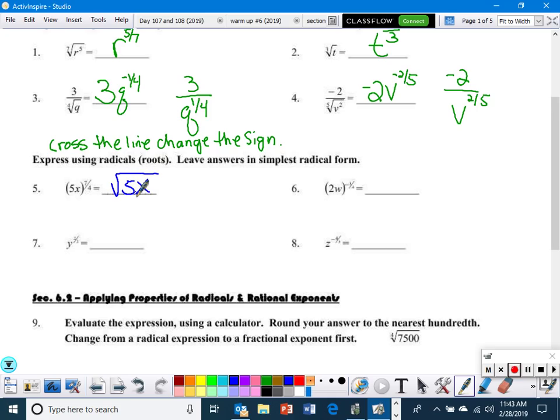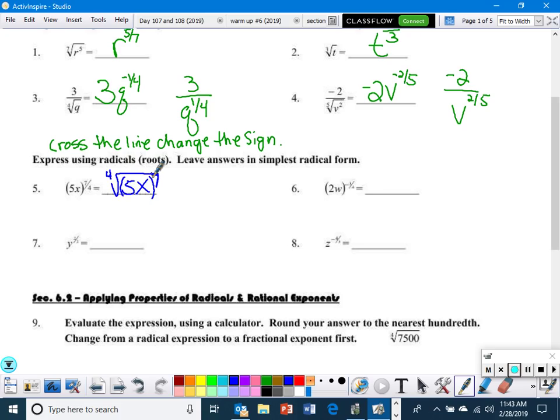The root number is the 4, so I'm going to put the 4 right here. And this is really important. Since the 5x is in parentheses, then I should put parentheses around it inside the radical. And then the 7 is the exponent, and I'm going to put that right there. Okay?